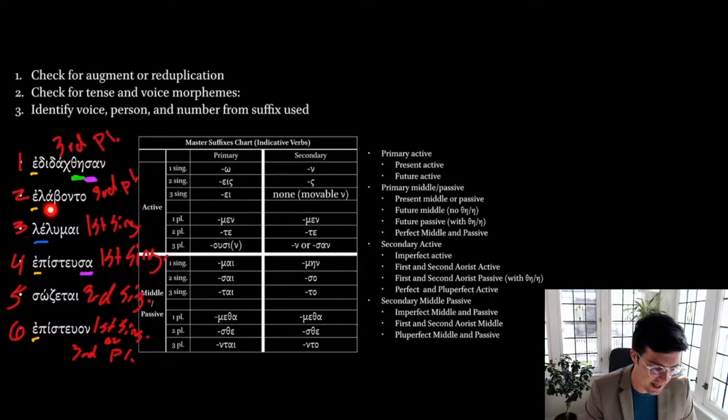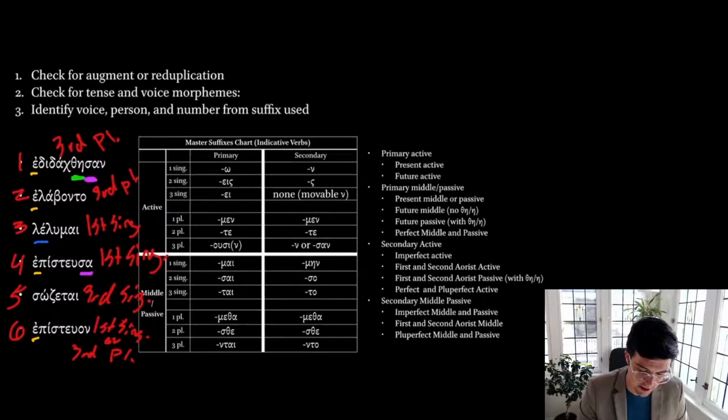When we go down to elabonto, we're looking at the ending onto, and specifically we're going to be looking at the nto here. The omicron's technically the connecting vowel, and we find it right down here in the secondary middle passive suffixes.